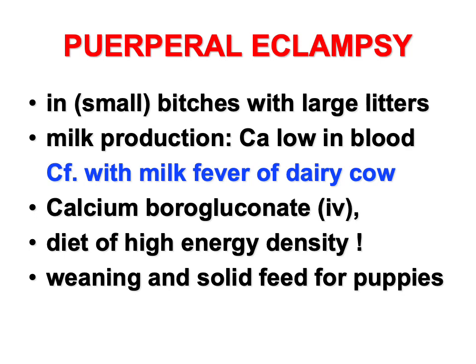The puerperal eclampsy is not rare in small bitches with large litters. If the bitch milk production is high, in the second, third week of the lactation, the calcium and the magnesium get low in the blood, and these are the causes of the puerperal eclampsy.